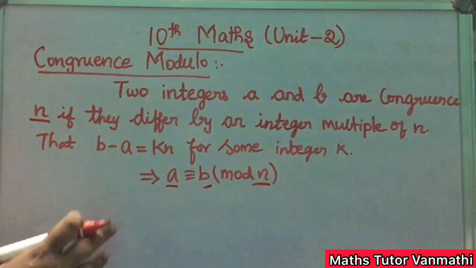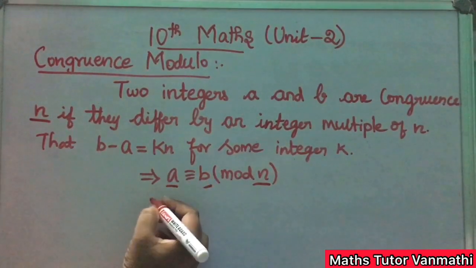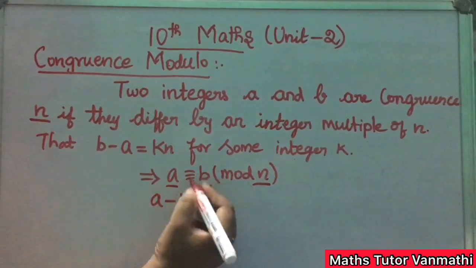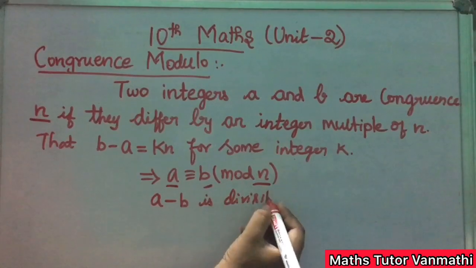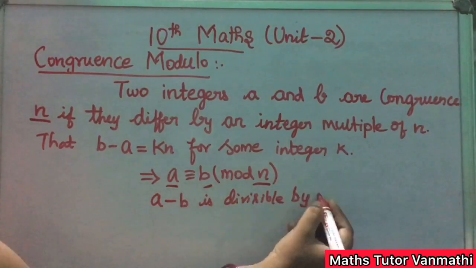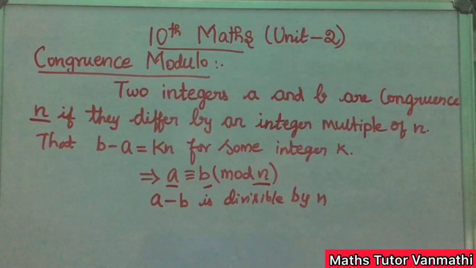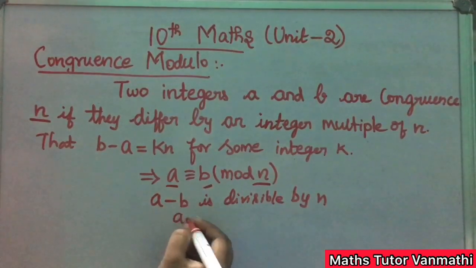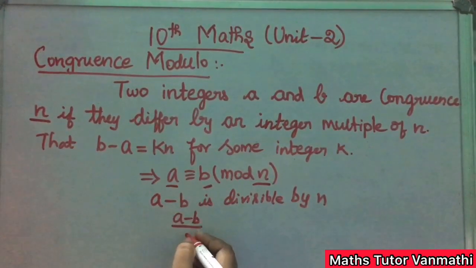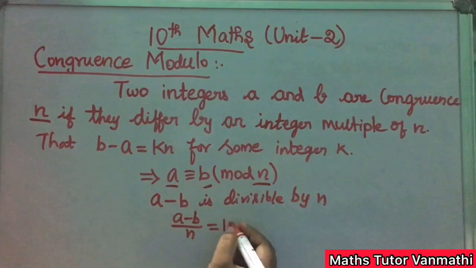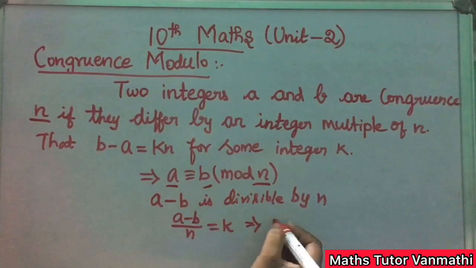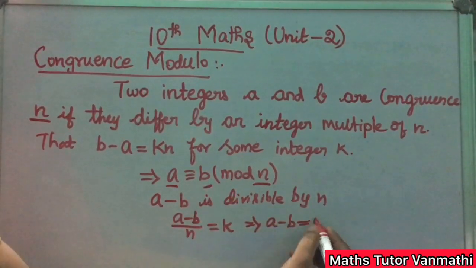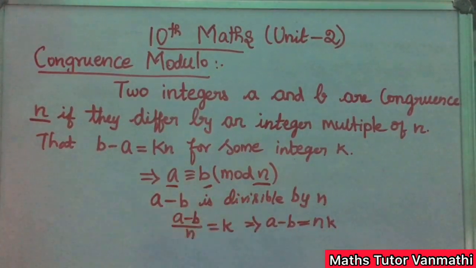Then this can be said as a minus b is divisible by n, and we can write that (a minus b) by n is equal to some integer k. This can also be written as a minus b is equal to nk, cross multiplying.